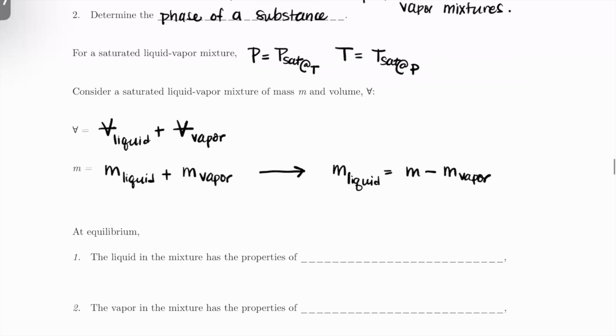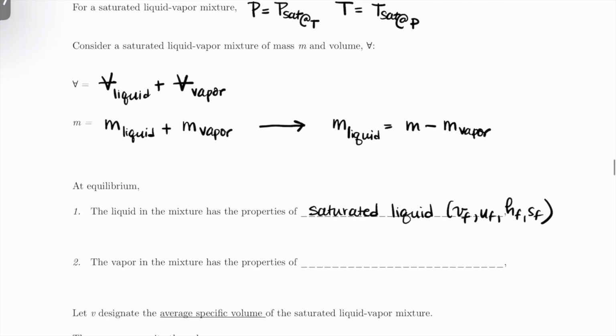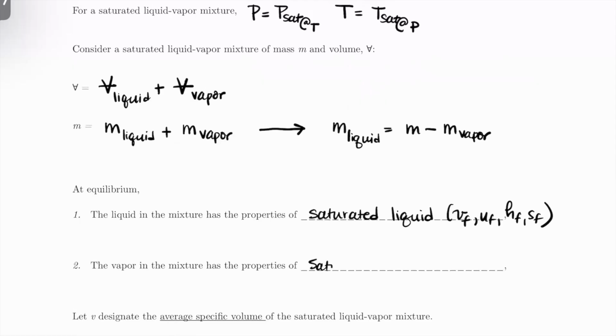Okay. The liquid in the mixture has the properties of saturated liquid. So it's going to have all the properties of VF, UF, HF, SF. All right. And then the vapor in the mixture has all the properties of saturated vapor. So VG, UG, HG, SG.